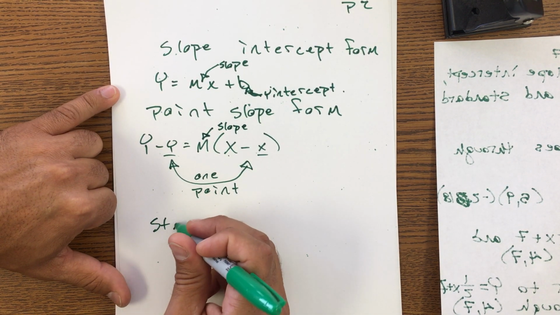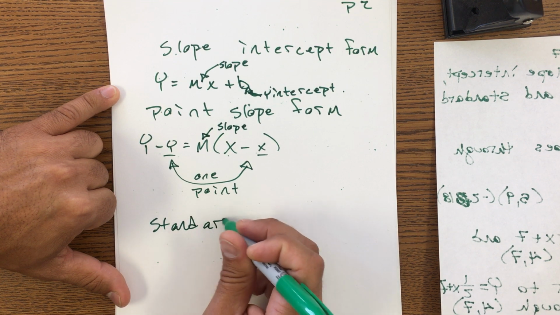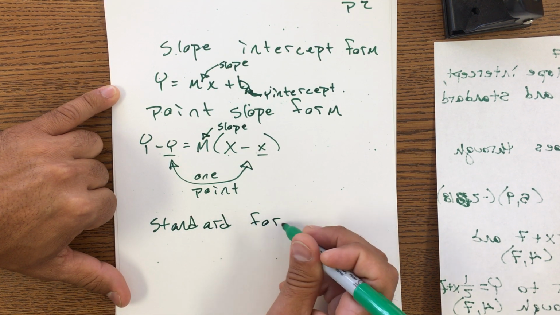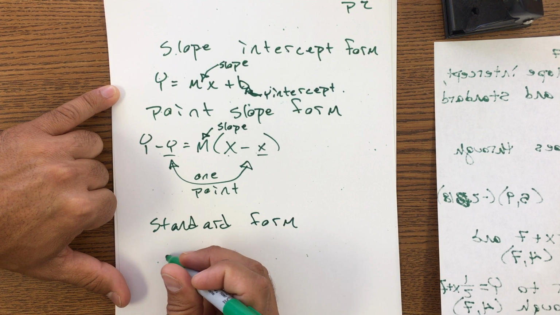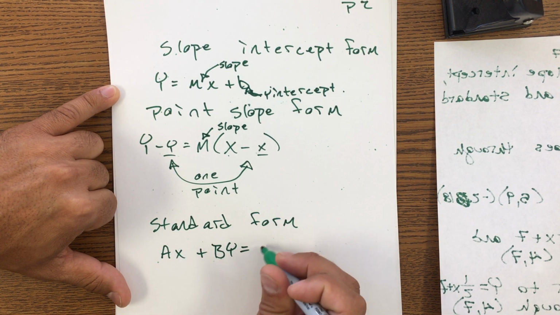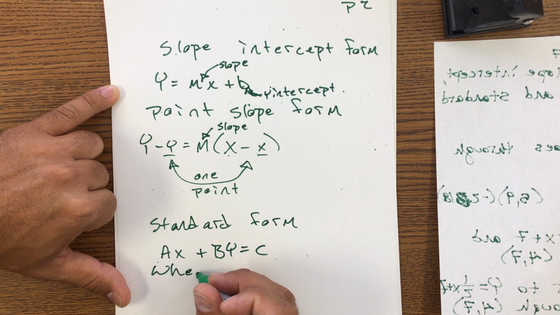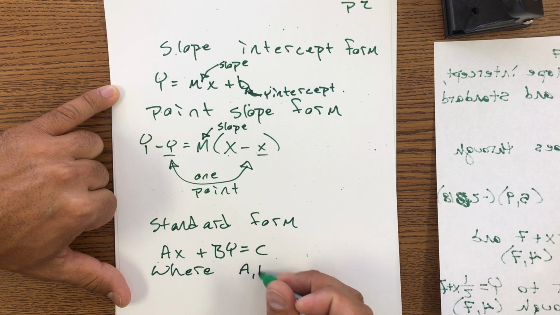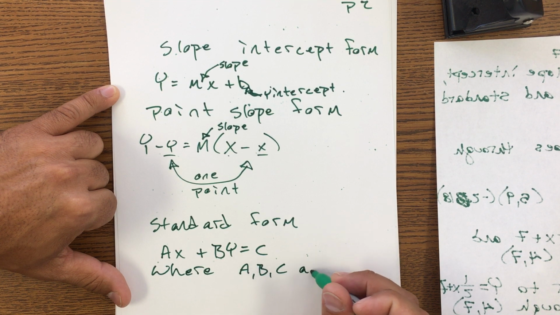In standard form, we put as ax plus by equals c, where a, b, and c are integers.